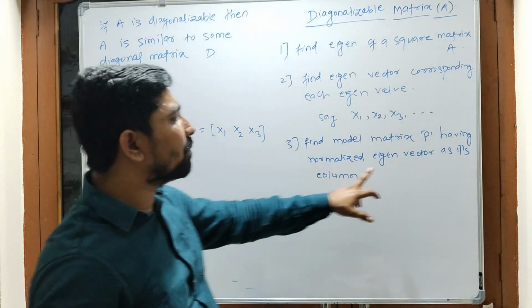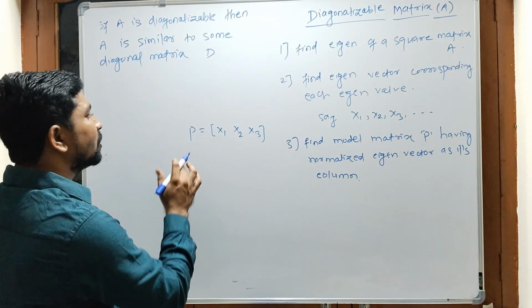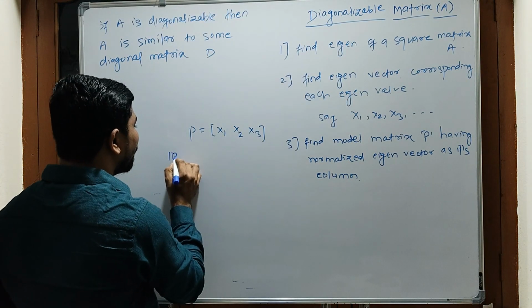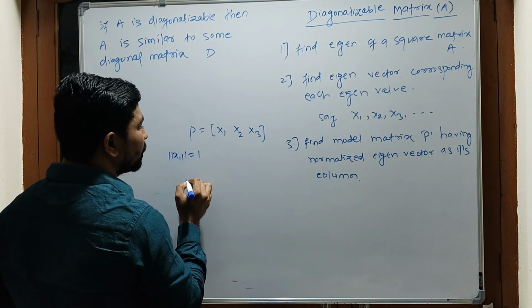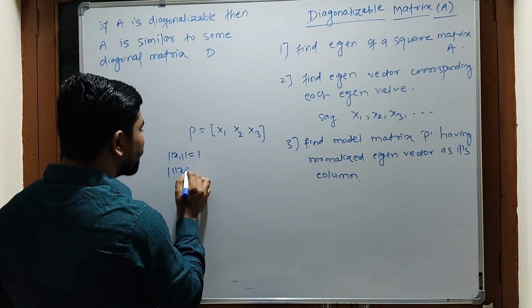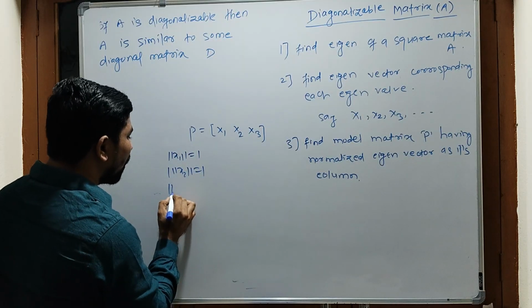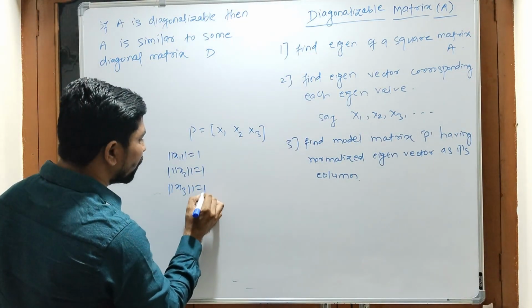Here, what is meant by a normalized eigenvector means the length of each is 1. Here the norm of x1 is 1, the norm of x2 is 1, the norm of x3 is 1.